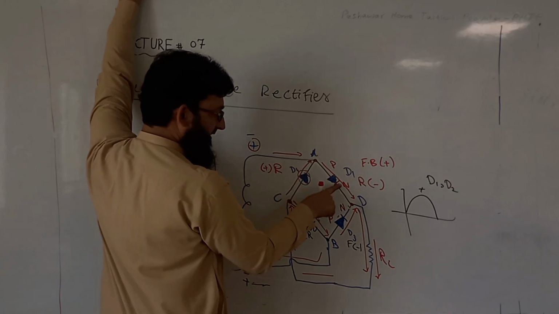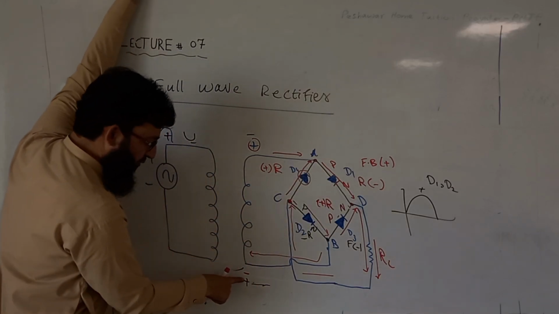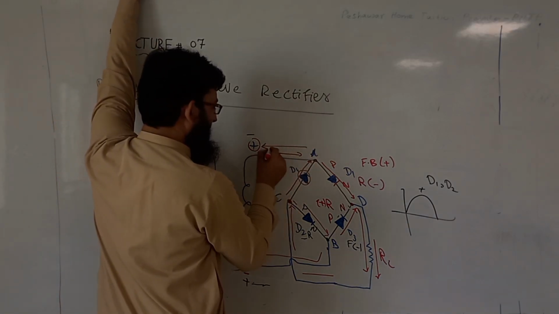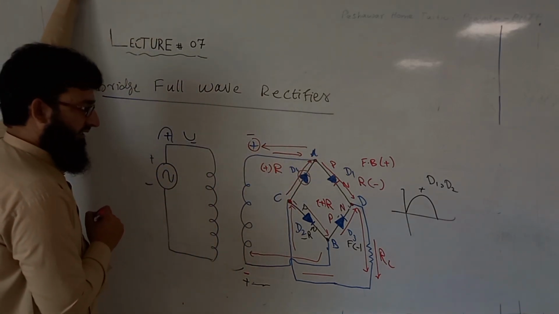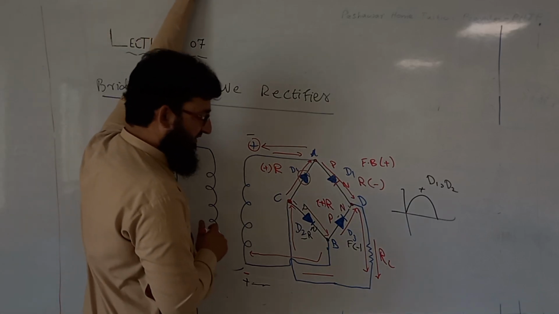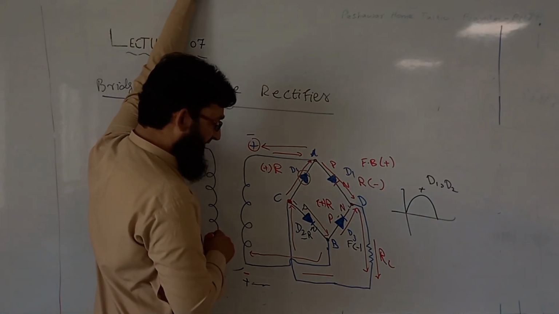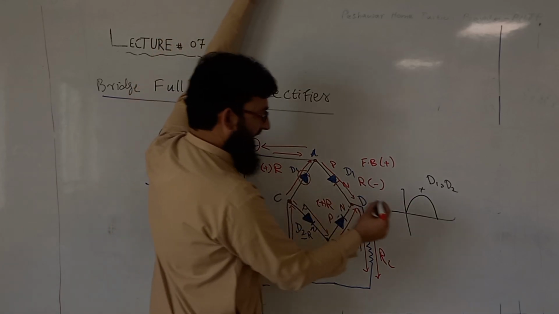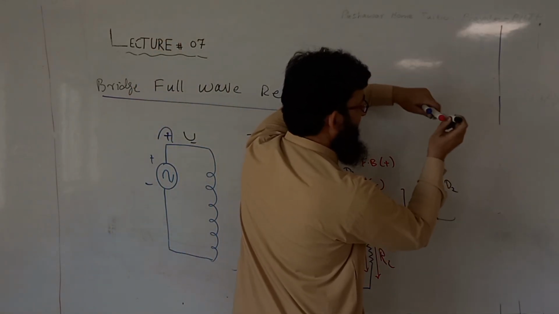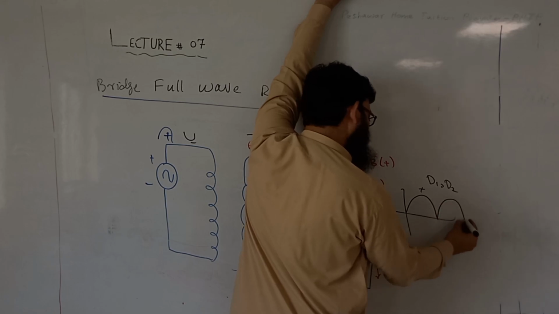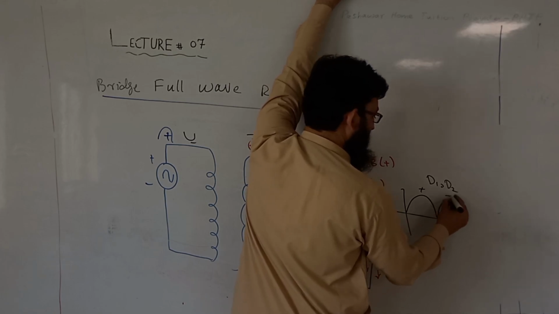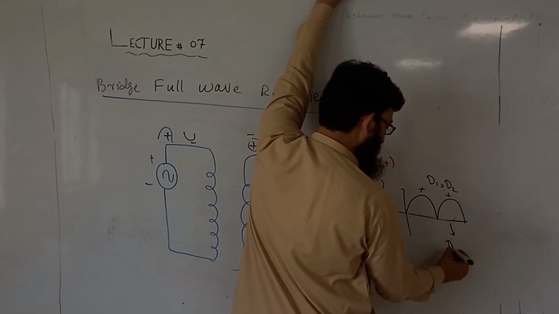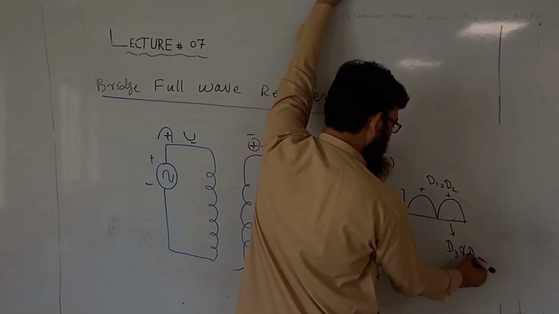Now at A, this diode D1 was in reverse bias for this positive potential and the current will flow from here to here and will complete the circuit. So in the negative half cycle, if we observe, the current is passing through D3 and D4, so the negative half cycle will also appear at the output as a positive maximum, and this positive maximum peak value is due to D3 and D4.